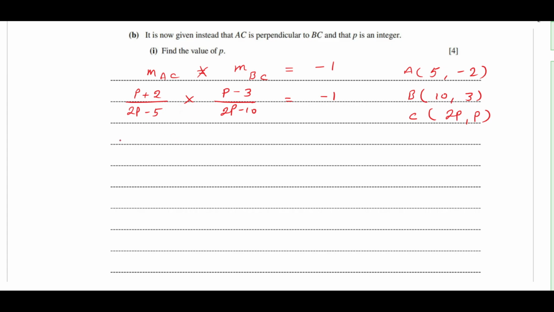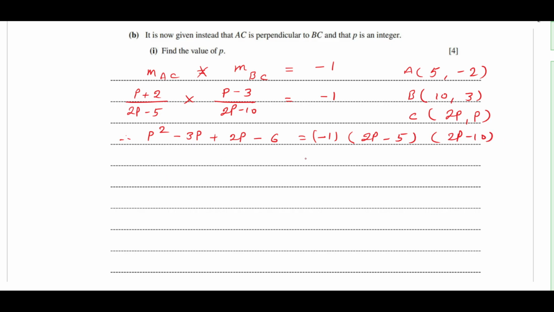So here p plus 2 into p minus 3 is p square minus 3p plus 2p minus 6, which is equal to minus 1 times 2p minus 5 into 2p minus 10.